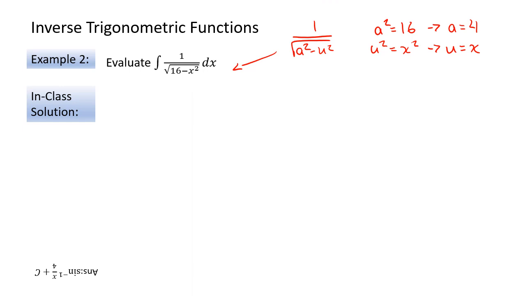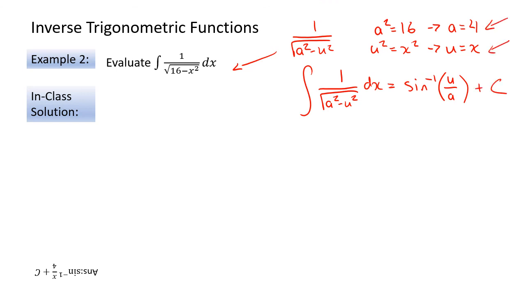Remember, the integral of a function like this, 1 over the square root of a squared minus u squared, was equal to the inverse sine of the function u divided by a plus a constant. Now we know what u and a are, so this integral simply becomes, substituting those in, the sine inverse of u, which is x, divided by 4, plus a constant.